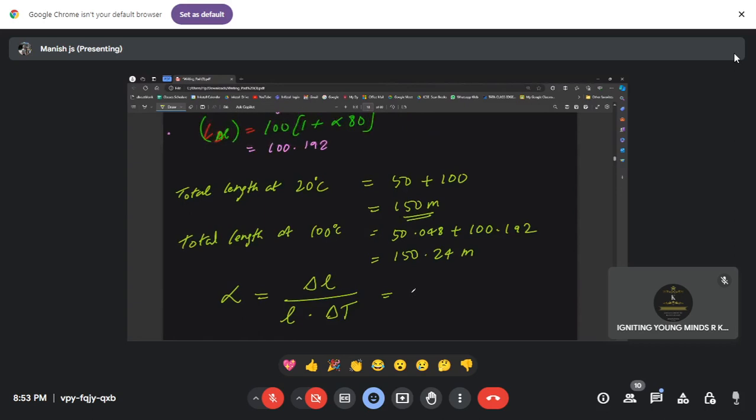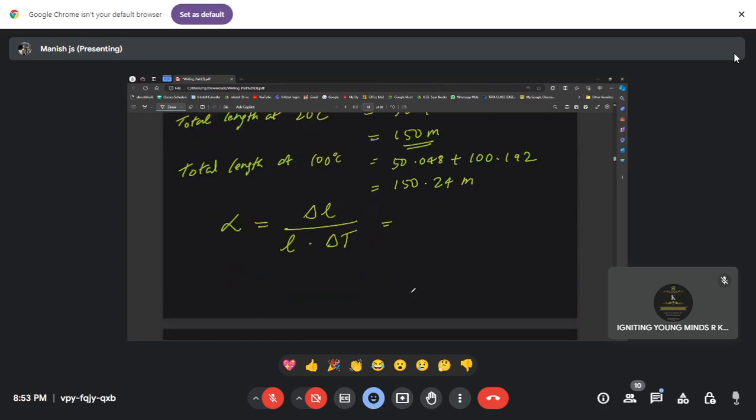It is 150.24 minus 150, so the change is 0.24. Are you getting it? And the total length is 150 itself at the initial temperature. Into delta T, which is nothing but 80. Substituting into 80, that's it.